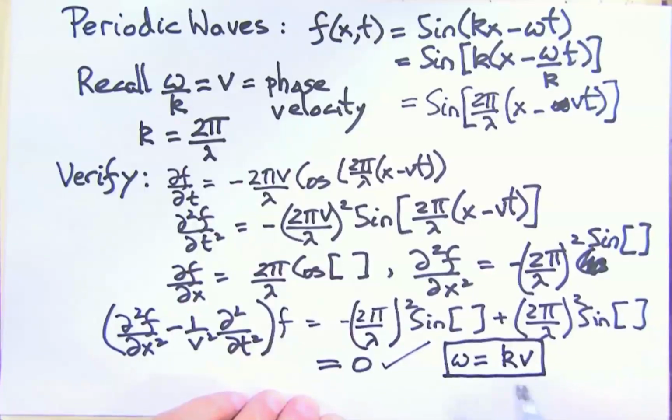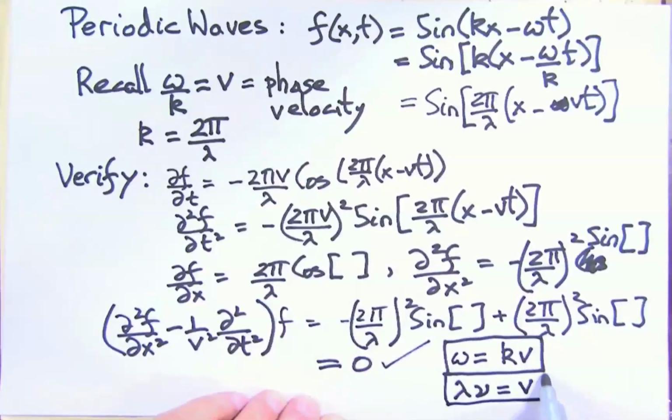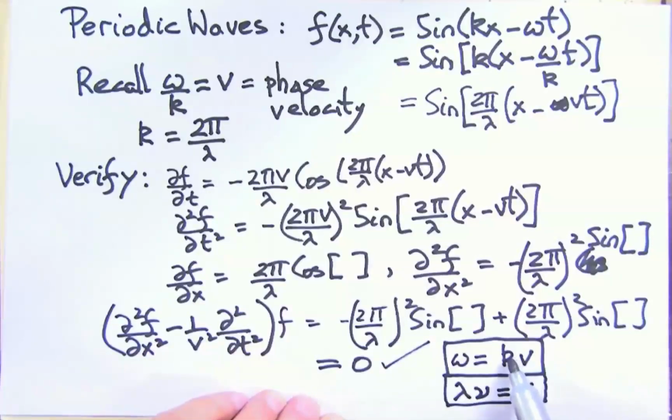And the other, which follows immediately from this, if you put k equal to 2 pi over lambda, then from this, lambda times the frequency is equal to v. These two are saying exactly the same thing. k is equal to 2 pi over lambda, and omega is equal to 2 pi times the frequency.